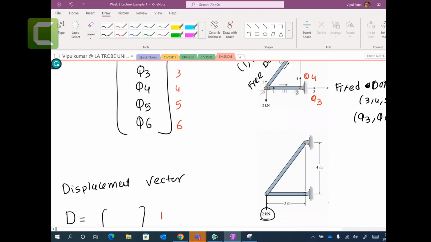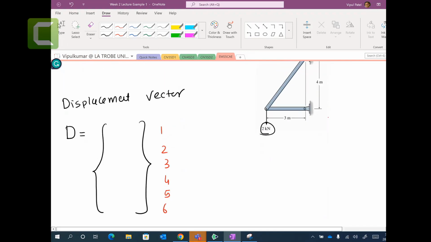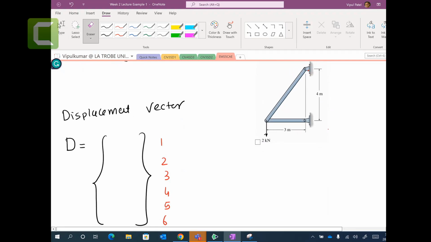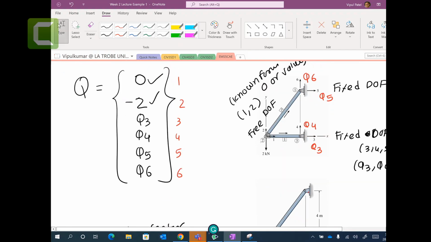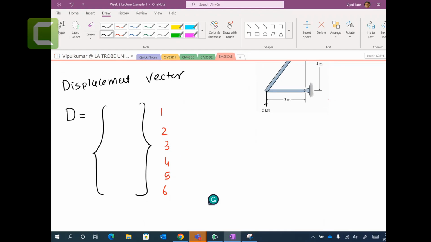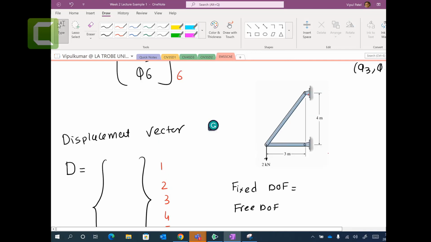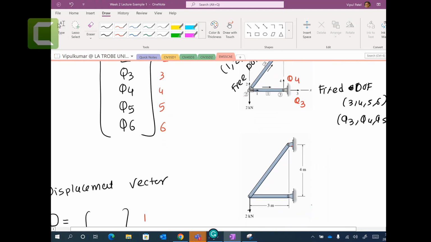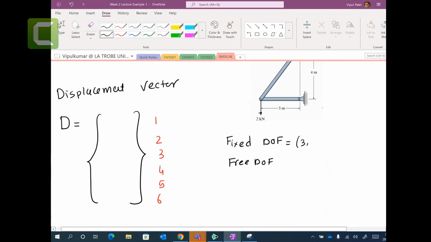In the displacement vectors, you will have the opposite of these ones, meaning you have fixed degrees of freedom and free degrees of freedom again. Fixed degrees of freedom are again 3, 4, 5, 6, and free degrees of freedom are 1 and 2. So here, this is opposite.